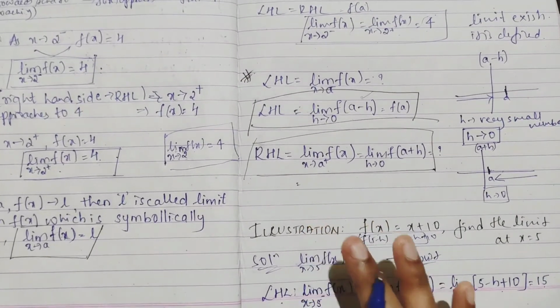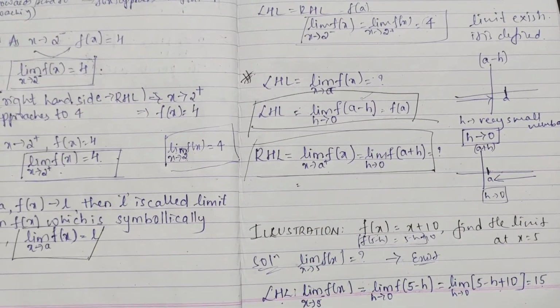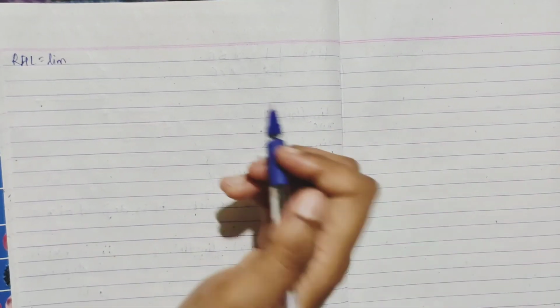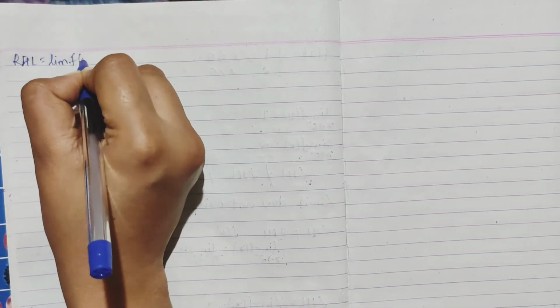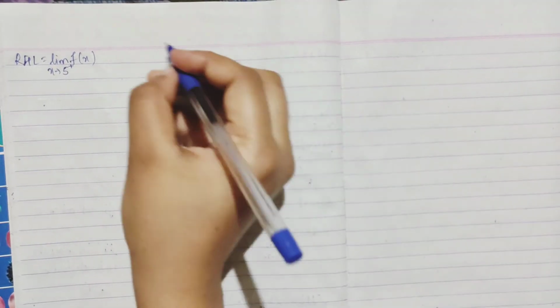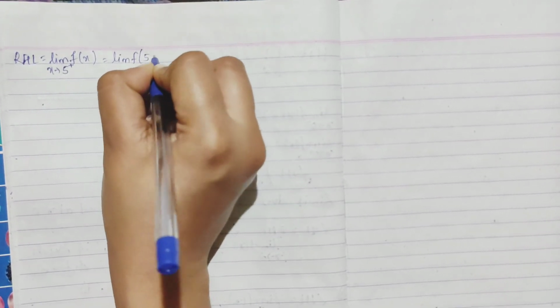In the same way, we will find it for RHL. Please note it down. So, in the same way, we will go for RHL. RHL, how will it be? Limit f of x as x tends to 5 plus. When it is 5 plus, x will be replaced by 5 plus h, as h tends to 0.